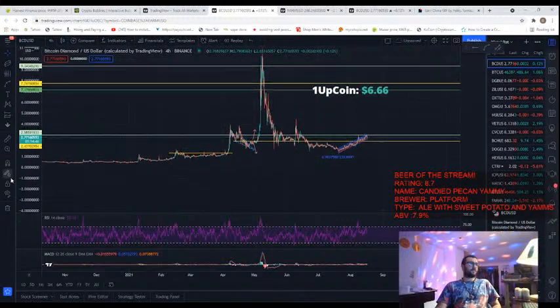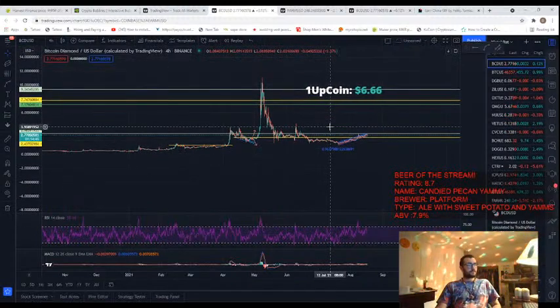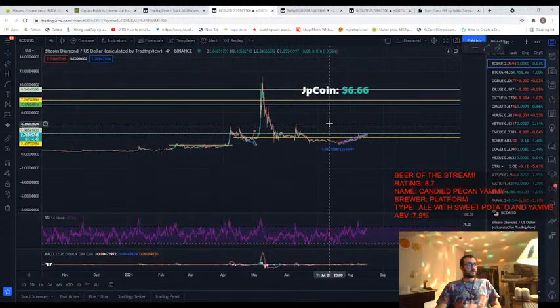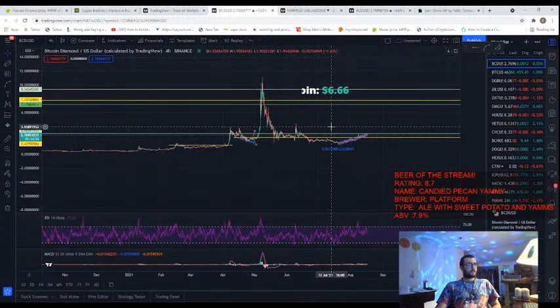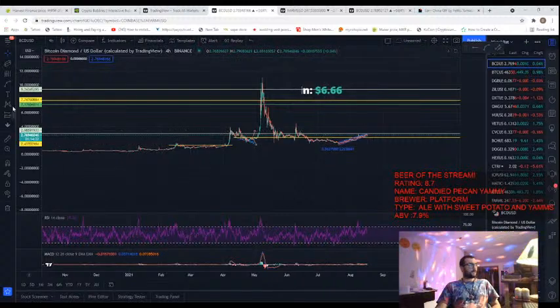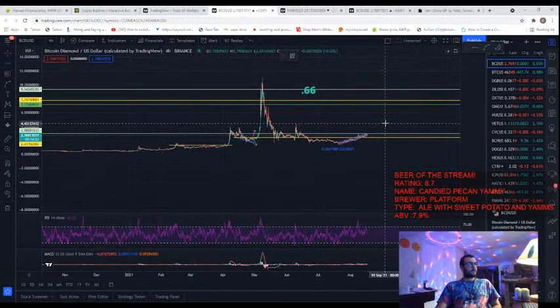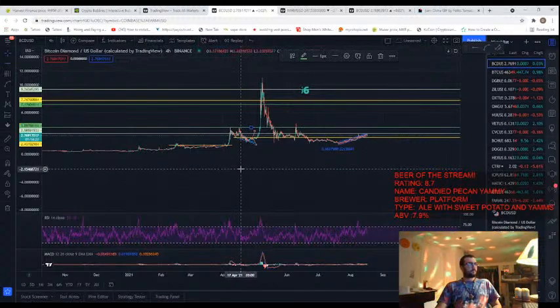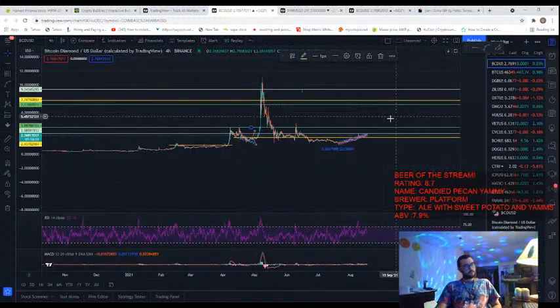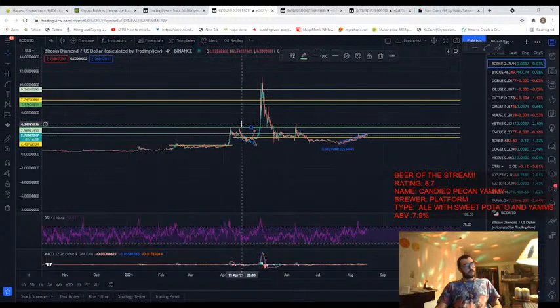And if you get above $5, what is this? I'd say your first target would be like 3.93. If you break $3, you're probably going to $4 on Bitcoin Diamond. 3.89, right at the top of this.